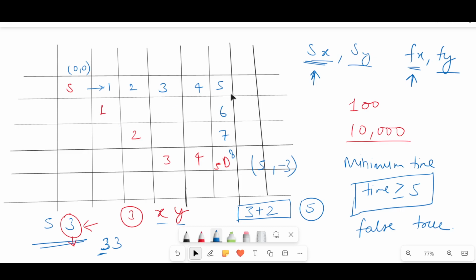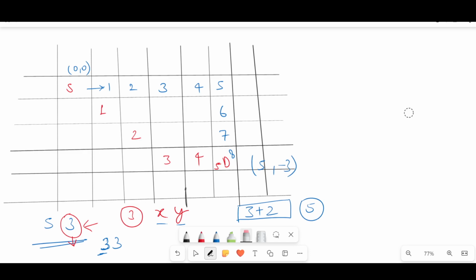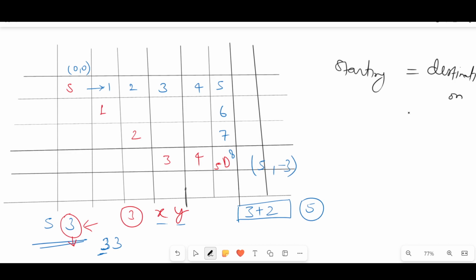We also need to take care of the edge case when we are currently standing on the destination, meaning the starting cell is equal to the destination cell.